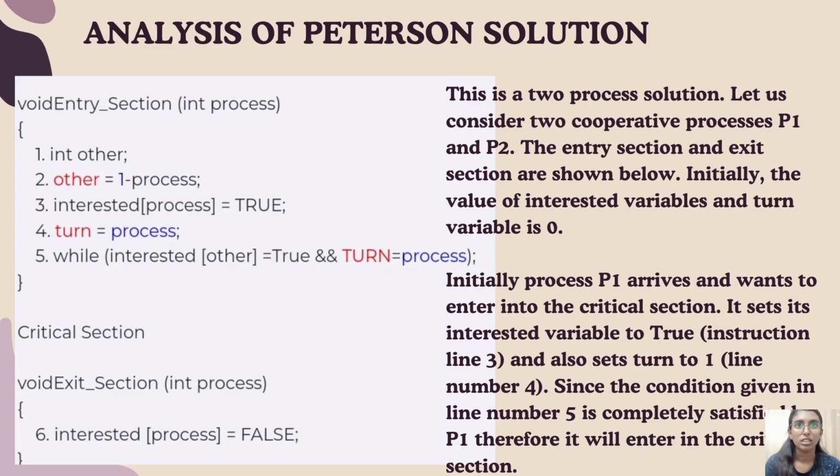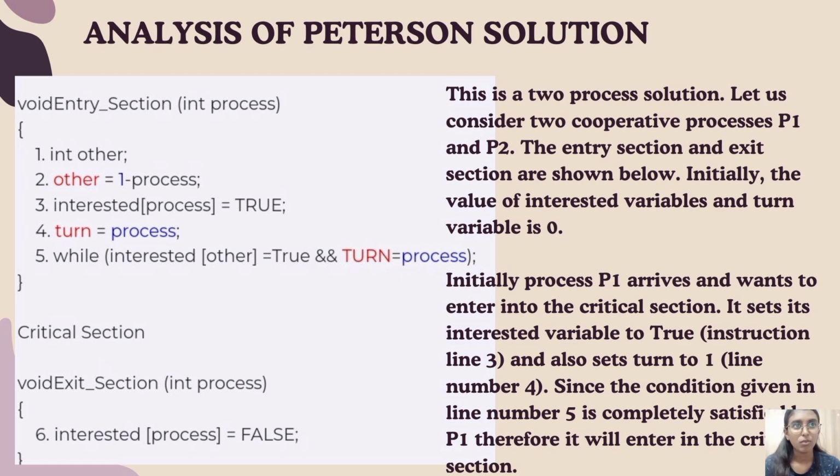Interested[process] equals true. Then turn equals process. While interested[other] equals true and turn equals process, wait. Critical section. Void exit section of int process. Sixth step is interested[process] equals false.